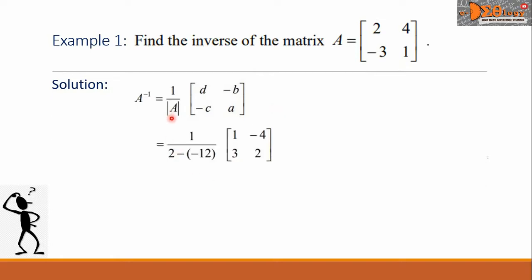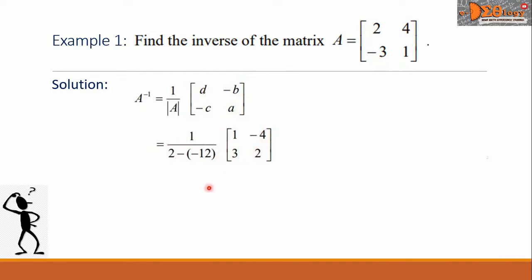The determinant of A becomes 2 times 1 is 2 minus negative 3 times 4, negative 12. 2, 1 becomes 1, 2. Then we interchange the signs of the elements of the secondary diagonal. The 4 here becomes negative 4 here. The negative 3 becomes positive 3.